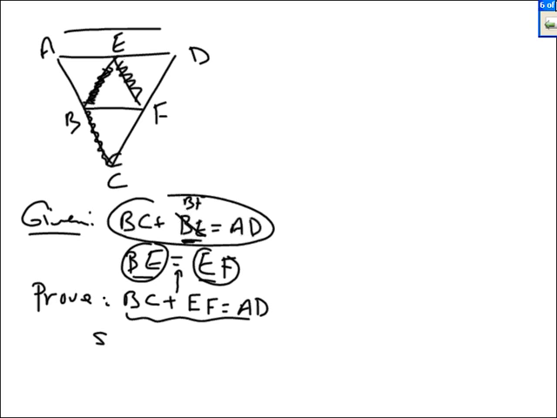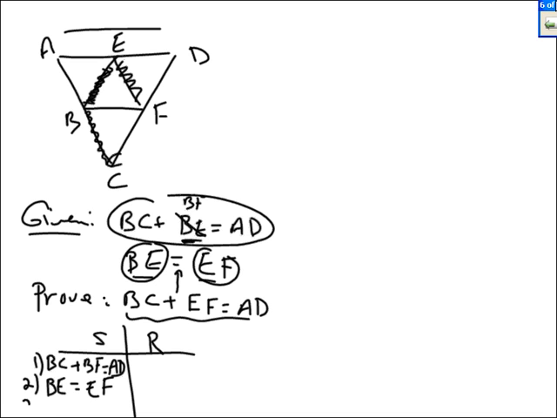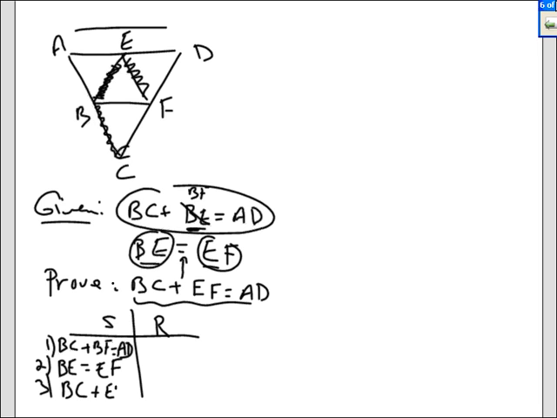So it's just substitution. 1. BC plus BE is AD. 2. BE is equal to EF. 3. BC plus EF is AD.